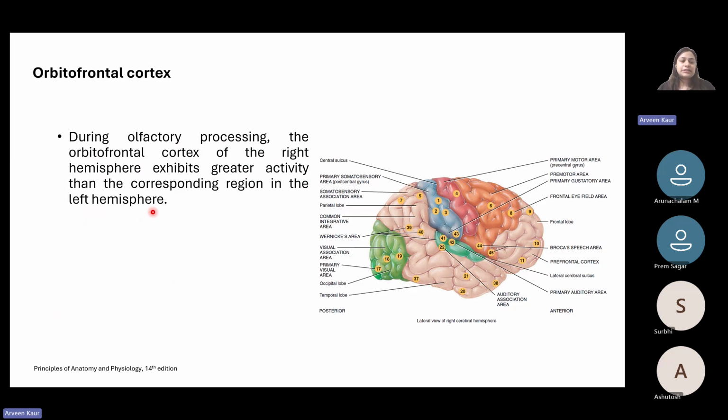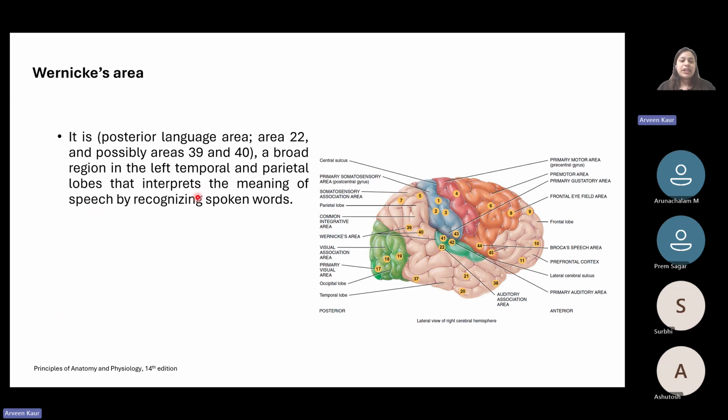So during olfactory processing, the orbitofrontal cortex of the right hemisphere exhibits greater activity than the corresponding region in the left hemisphere. Again, most of this more dominant olfactory processing is happening in the right part of the brain than the left hemisphere. It is a Wernicke's area now, right?